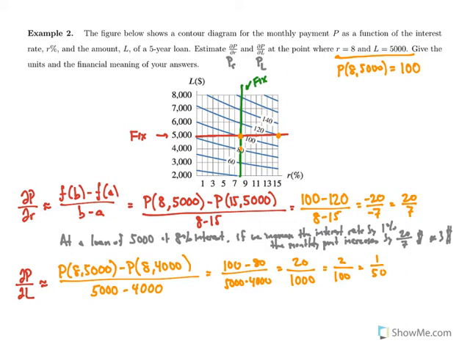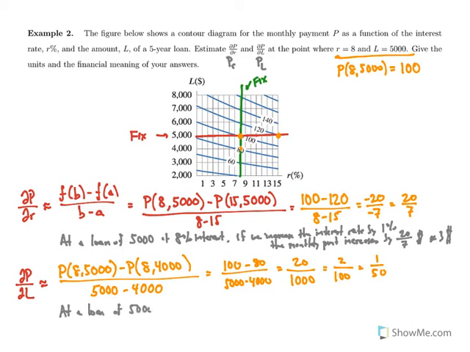All right, so if you increase the rate by 1%, if you go to 9% instead of 8%, you should expect the monthly payment to be $103 instead of $100.